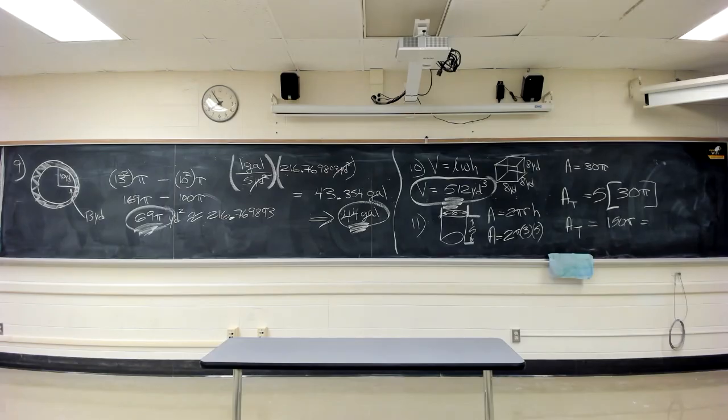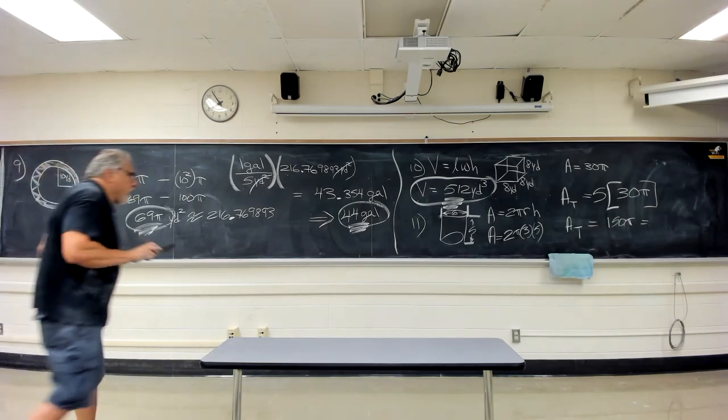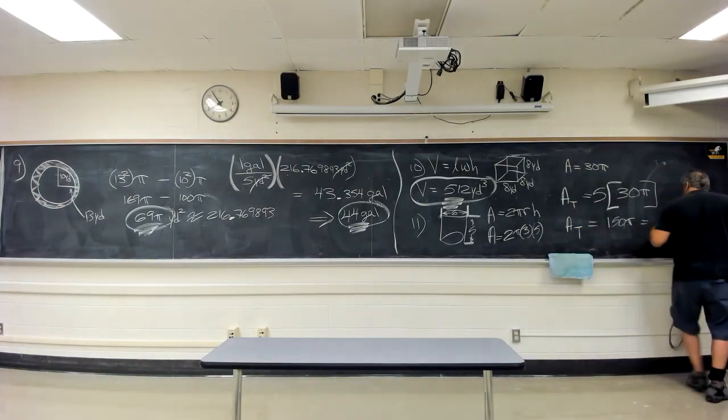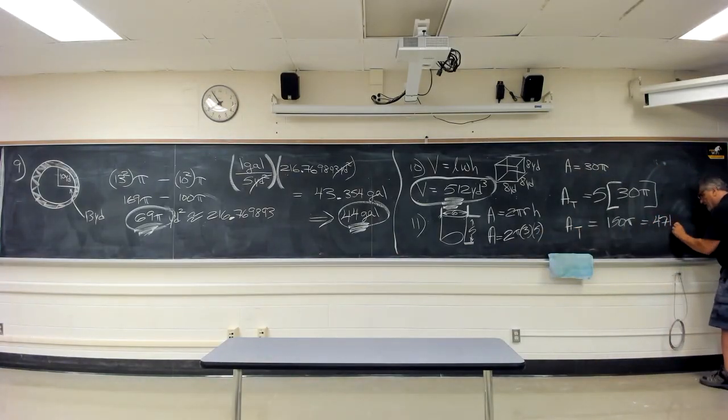471.2388, roughly 471.2389. All right, guys, so we had that. This has got to be inches squared.